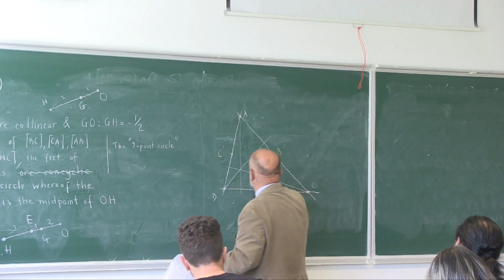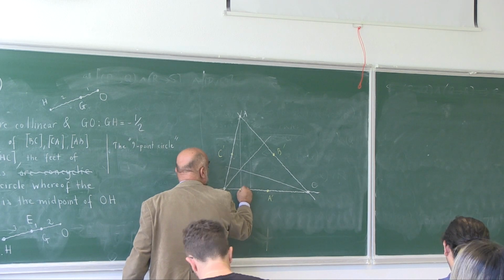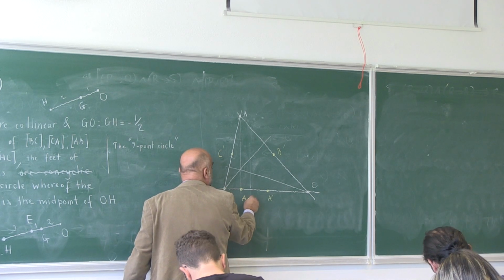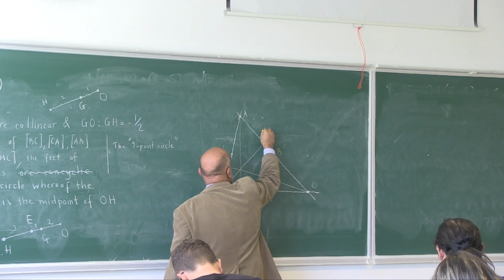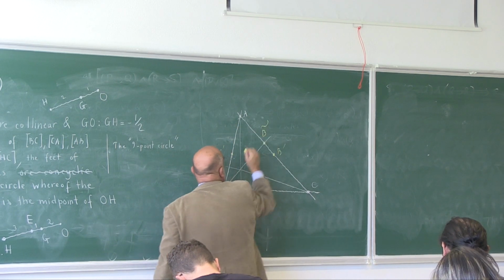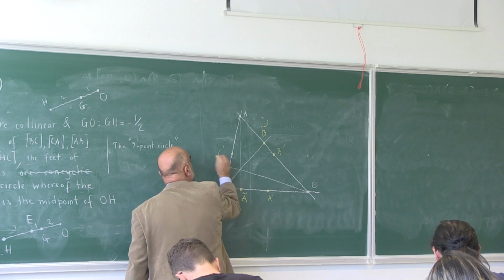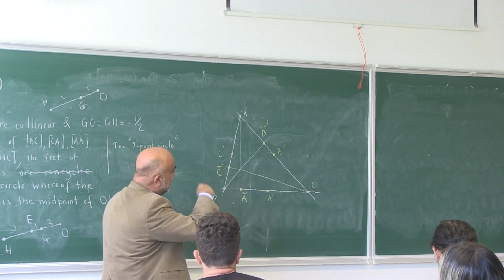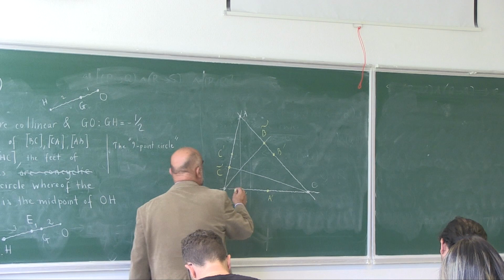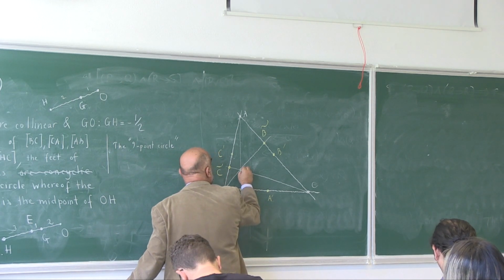And I have made a habit of referring to the feet of the altitudes as A tilde, the foot of the altitude through A. Similarly, B tilde. That's a very good idea, making a habit of choosing your notation in this cyclic fashion. Of course this is the point H, your orthocenter.